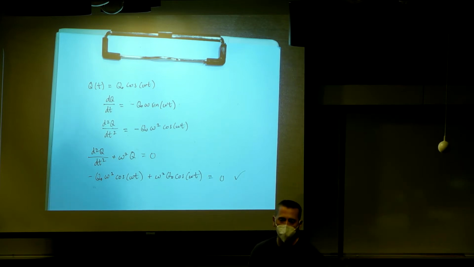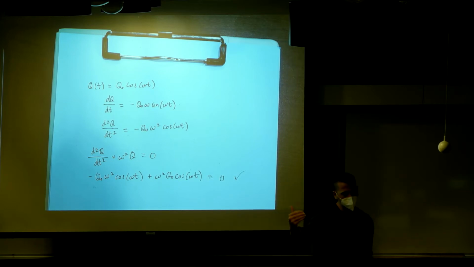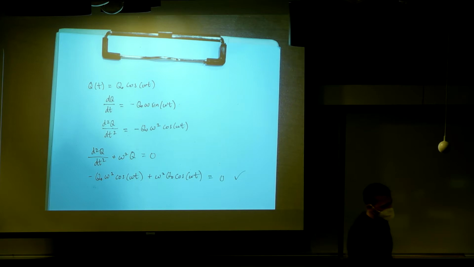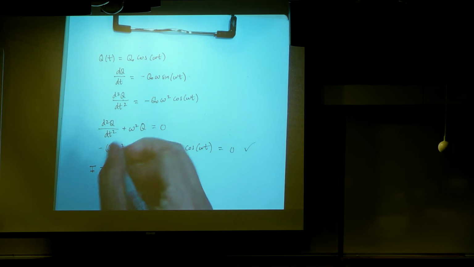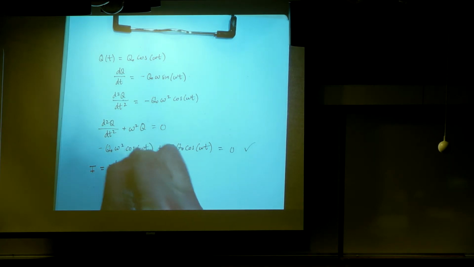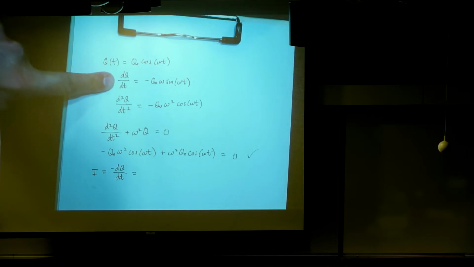So in an LC circuit, what do we have? We have charge on the capacitor, again, oscillating back and forth between plus Q and minus Q over time. But we can take it a step further. If that's the solution for the charge, what's the solution for the current? Remember, I, the current, is minus dQ by dt. In other words, it's just the negative of this right here, okay?